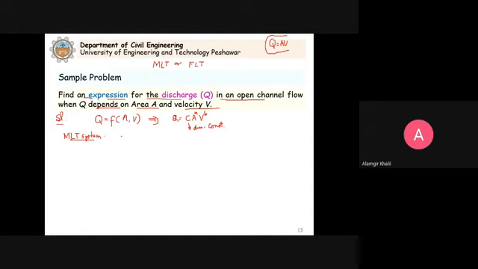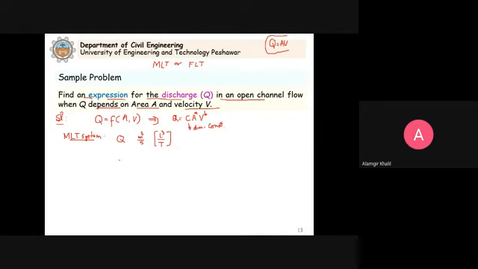For example, we have discharge. Its units are cubic meter per second. You must know the dimensions; if you make a mistake here, again, you will have a problem. So this can be written as L cubed divided by time, and we follow the same notations and conventions as our textbook.